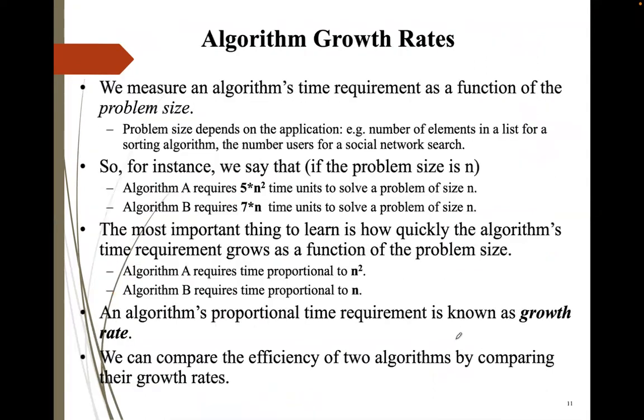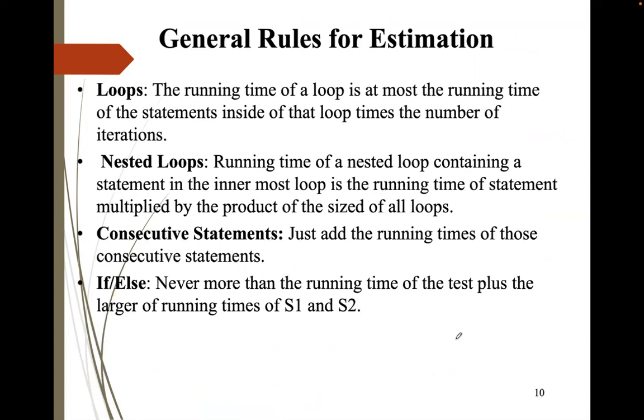So let's see the general rules for how we can estimate the runtime. If we have a simple loop, then the runtime of the loop is at most the runtime of the statements inside the loop times the number of iterations.